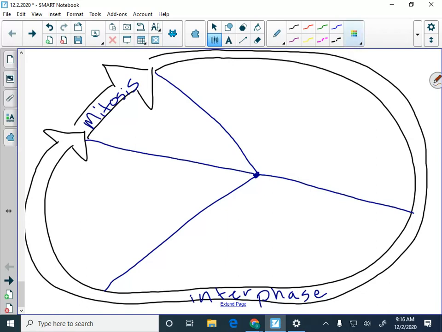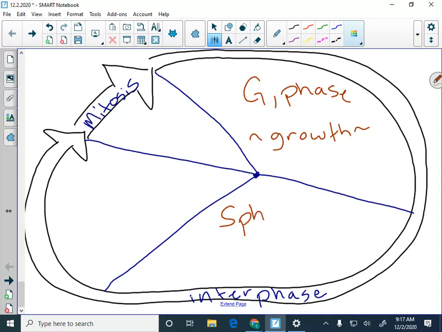So, right after mitosis, we have G1 phase. This is growth. After G1, we go into S phase. S phase is DNA synthesis.